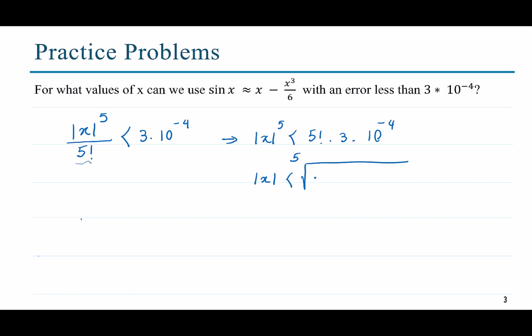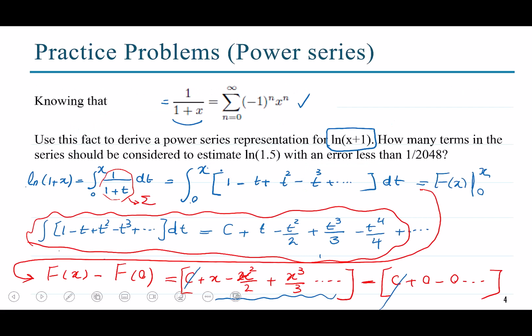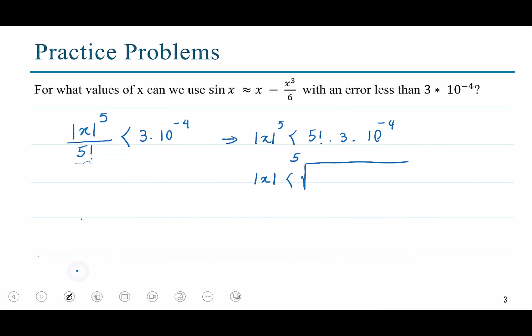5 factorial is 120. Let me write it here. So I have 360 times 10 to the negative 4.